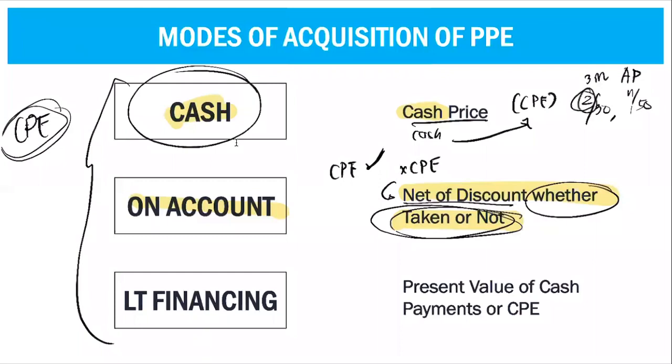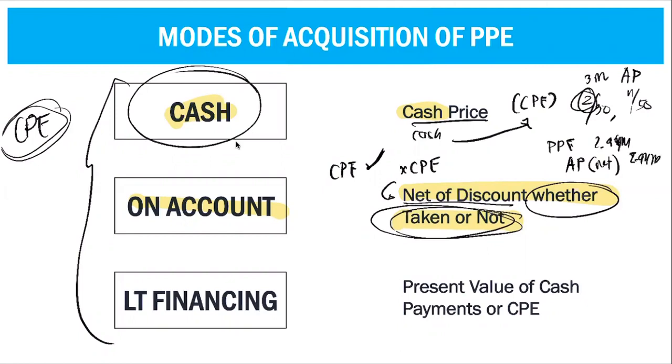So yung 2% na yan, kukunin mo siya. I-record mo yan at property, plant, and equipment. So ang gagawin mo, PPE and credit accounts payable. The accounts payable should be measured at net. So 3 million pesos times 98% will give us 2.94 million.